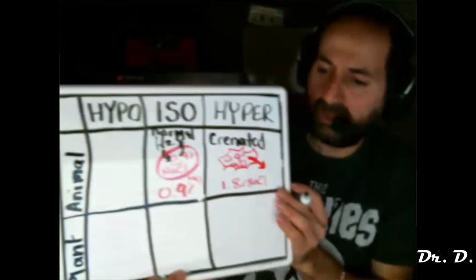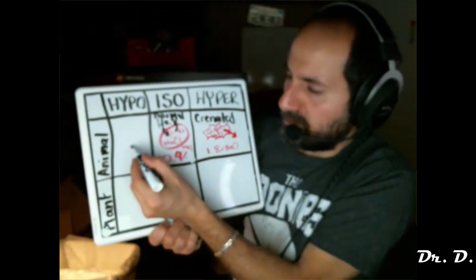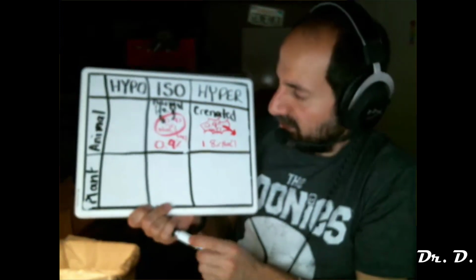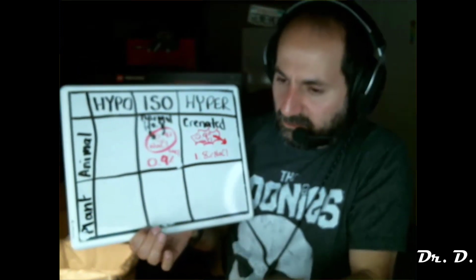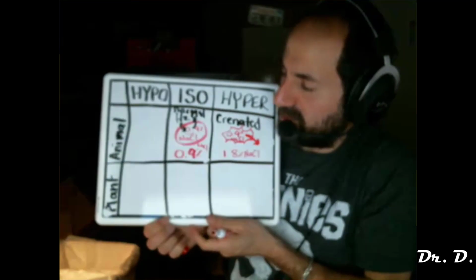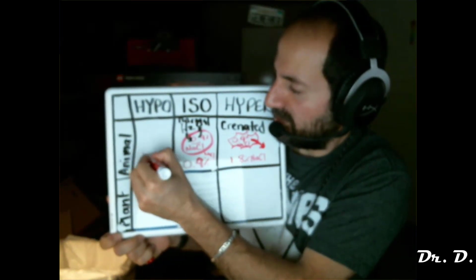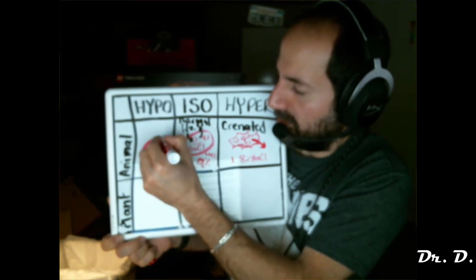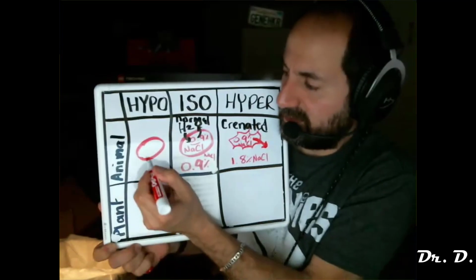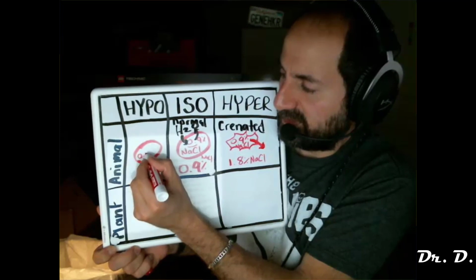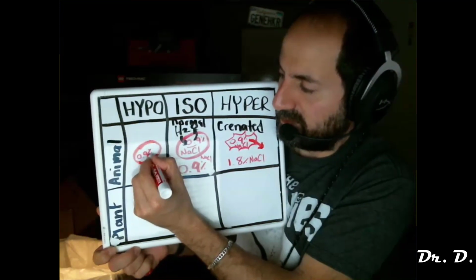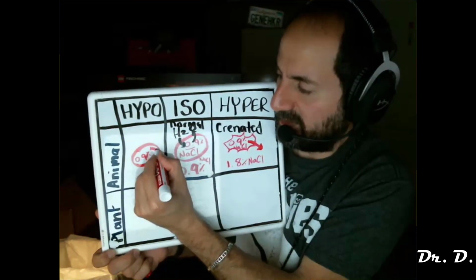So what about hypo? What does hypo mean? Here's an example of a hypotonic environment for an animal cell. Let's say I took my red blood cell, which has how much salt inside? 0.9% salt, NaCl.